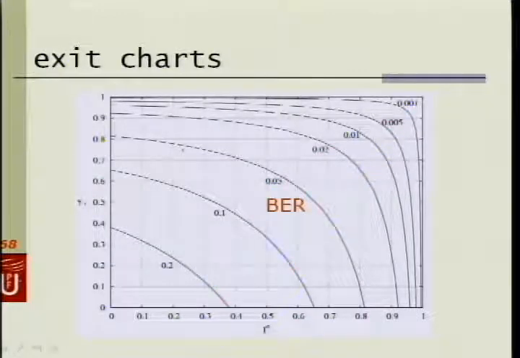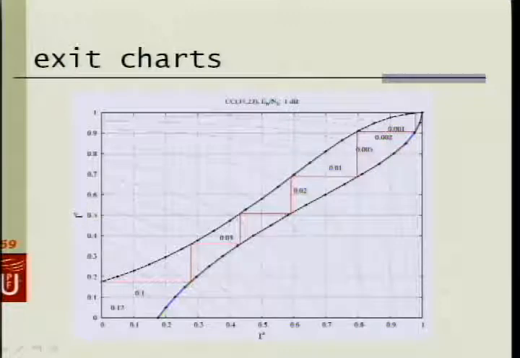We can also superimpose on the exit chart the approximation of bit error rate curves, and consequently we can study the evolution of the error probability when we increase the number of iterations. So this is a very useful and very practical way of doing it, because it's simple.